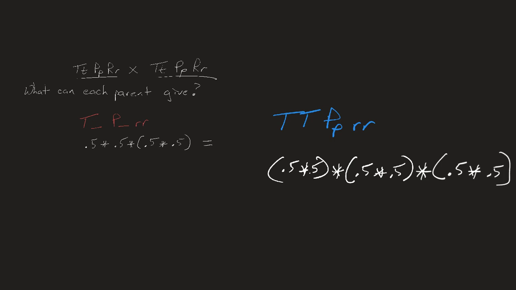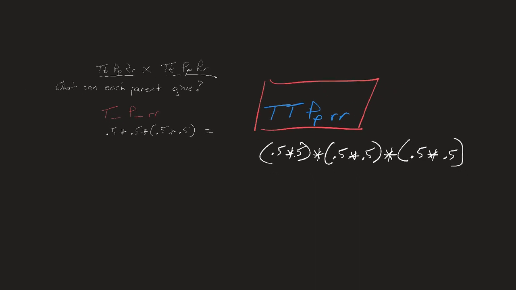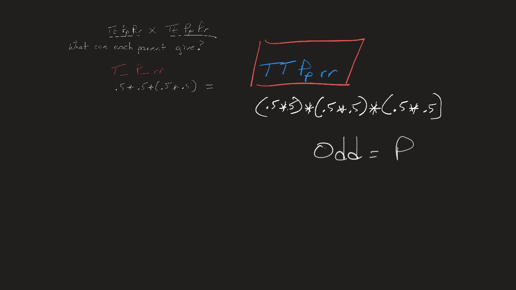So you can multiply all those together and get the odds of getting this particular genotype from that cross. Does that make sense? With a simple calculator, you don't even need a scientific calculator, you can easily come up with odds. And when I say odds, I should clarify that I mean ratios or fractions or percentages.